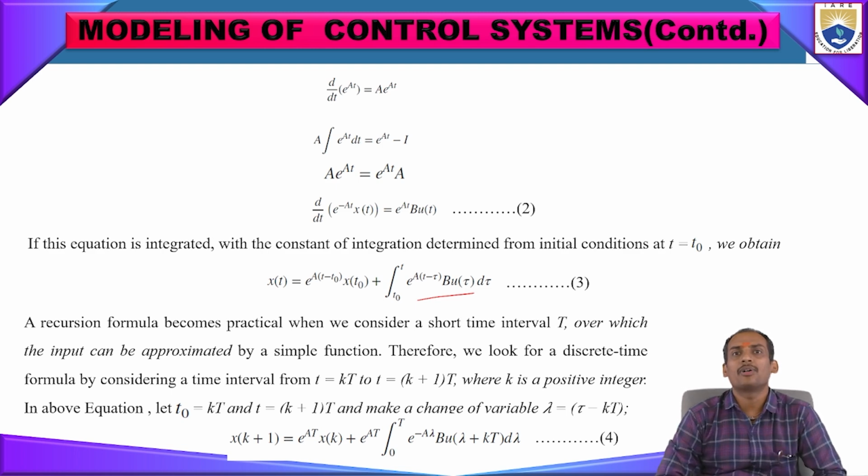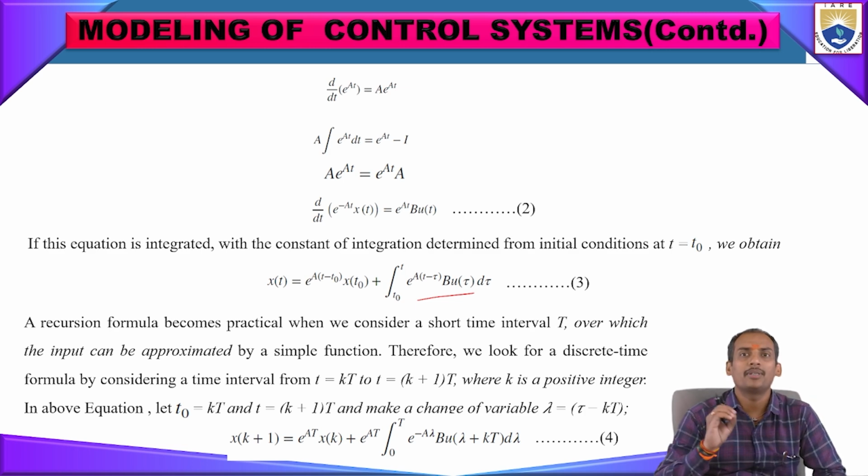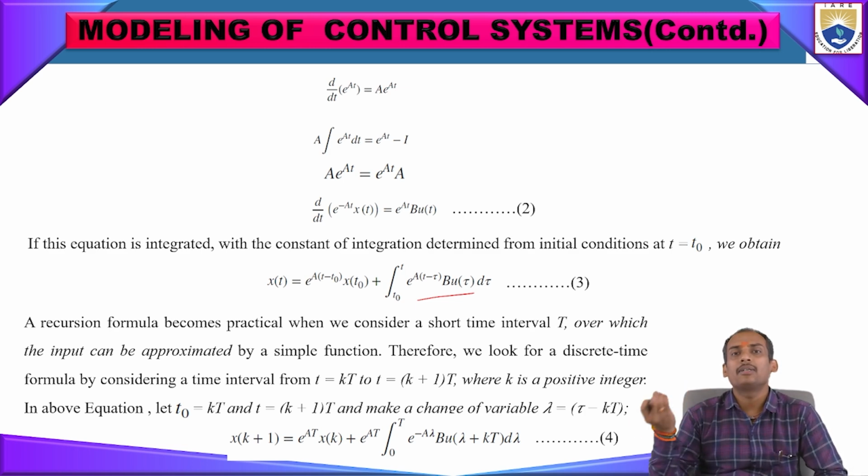So that recursion formula will be practical for considering the time interval tau, over which the input can be approximated by a simple equation. The discrete time formula considers the interval from t equal to kT to t equal to (k plus 1)T.